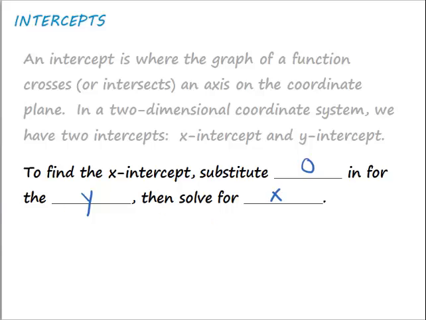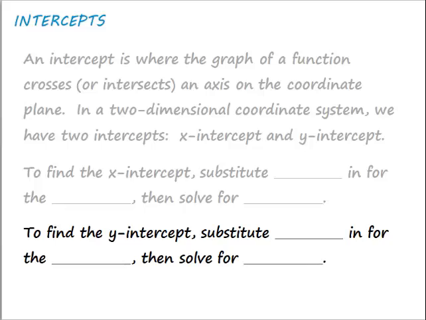So put 0 in for y and solve for x. To find the y-intercept, you're going to substitute 0 in for the x and then solve for y. Okay? Alright, so we're going to use this to work a couple of examples here.